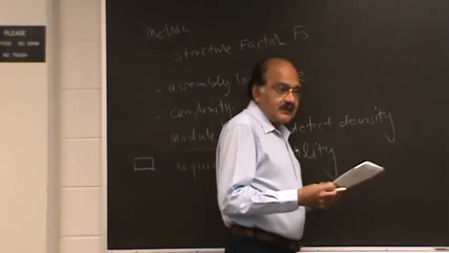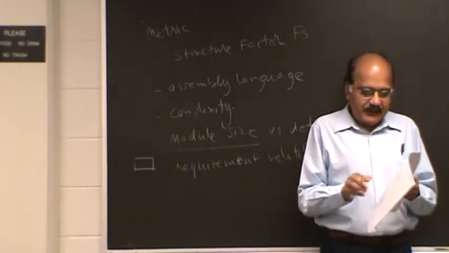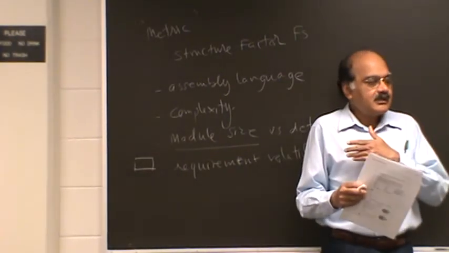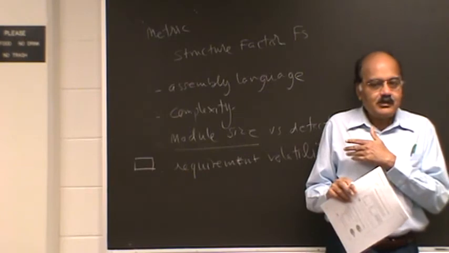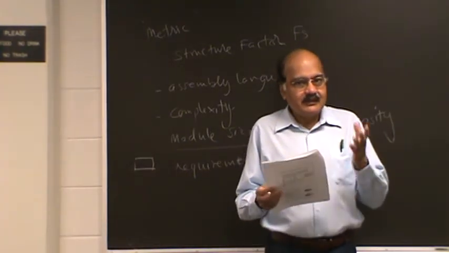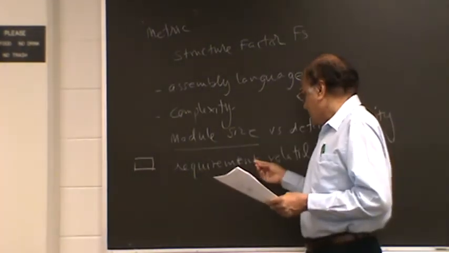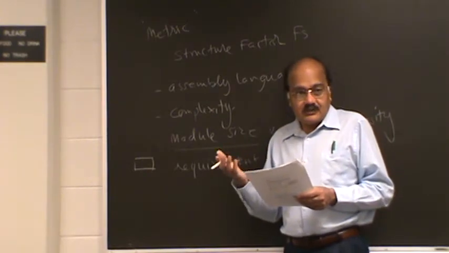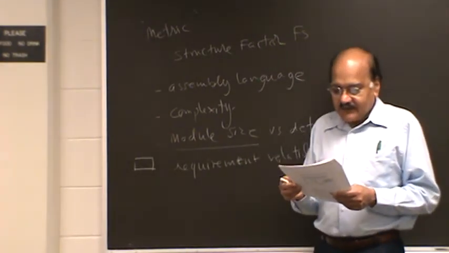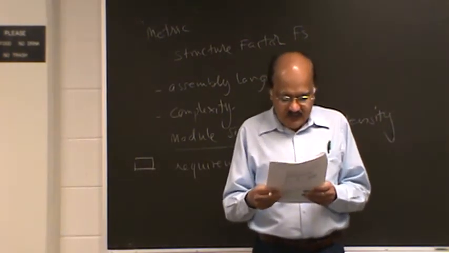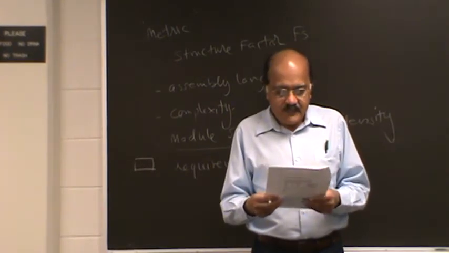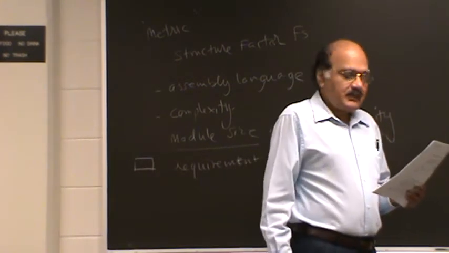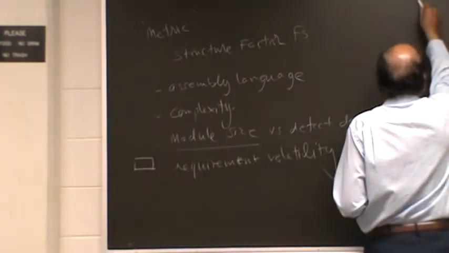Requirement volatility significantly impacts the defect density, and there have been some recent studies by people at Microsoft, and they mentioned that requirement volatility or code churn has a significant impact on defect density. Now, how do we use a defect density model?